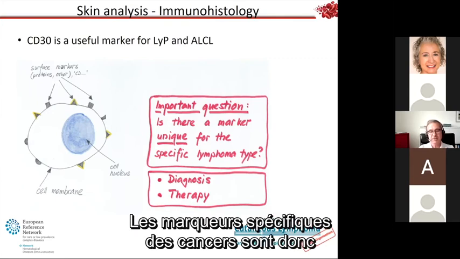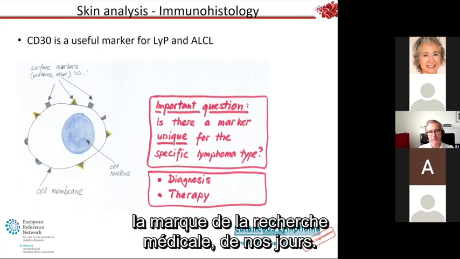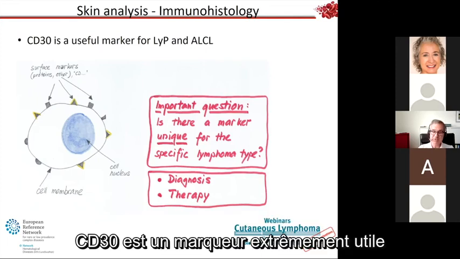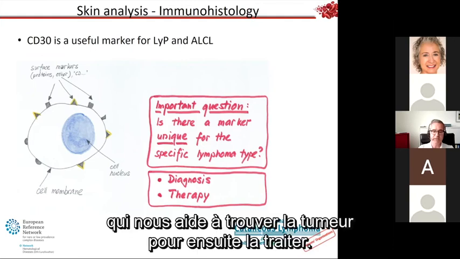So specific markers of cancers are the hallmark of medical research nowadays. And CD30 is one of these extremely useful markers that helps us find the tumor and also treat the tumor.